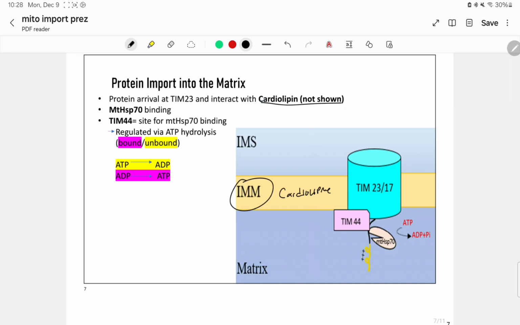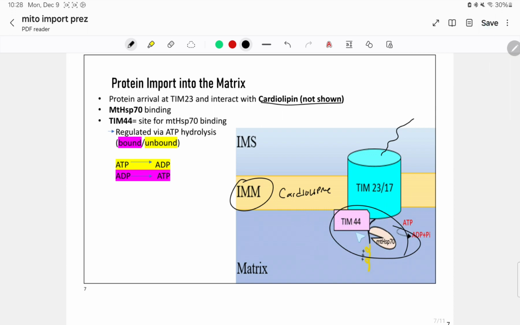Now, cardiolipin, again, it's not shown in this drawing, but it's a very special phospholipid that's only found in the inner membrane of the mitochondria, and it interacts with the protein that is currently arriving on this TIM23 and 17, and it orients it. It helps orient this precursor protein in a way that the proteins that are inside of the matrix can interact with it, okay? So it helps orient the precursor protein, okay?